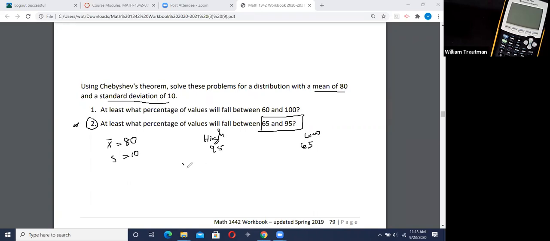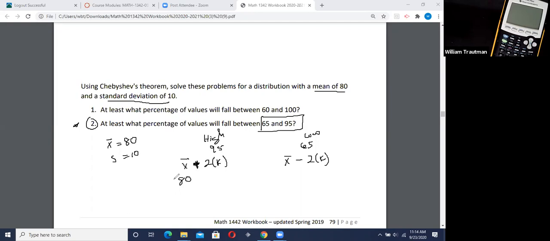Remember, the formula is x plus 2 times k, where k is the standard deviation for Chebyshev's, and x minus 2 times k. Now, x is 80. We can actually find the answer without doing a little bit of math.